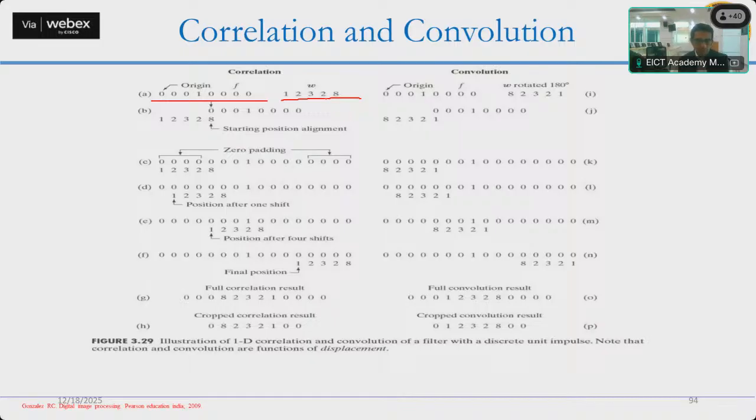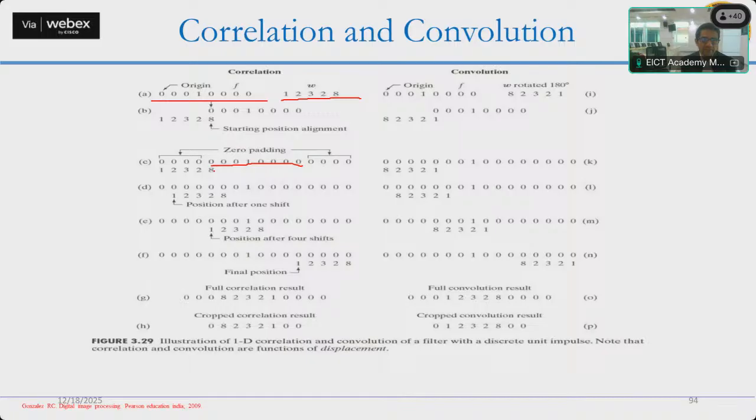So what will happen in that case? It is a simple thing. First, we will multiply the 1, 2, 3, 2, 8. This is of length 5. We will multiply in such a way that the first element of this w will coincide with the last element of f.